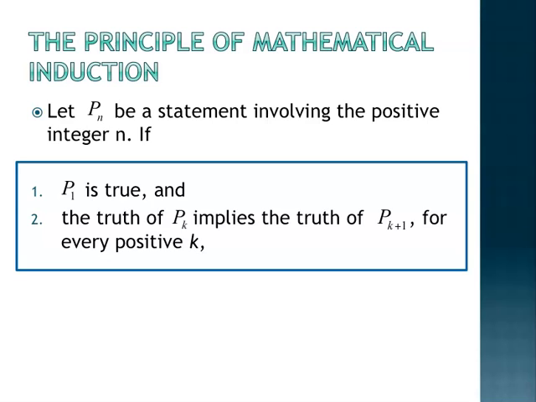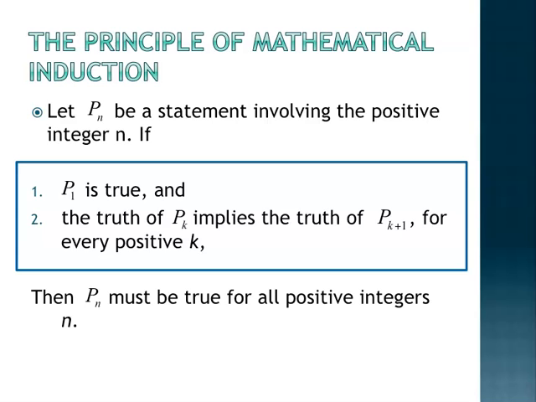We're going to say no matter what k is, we can show that P sub k plus 1, the one right after it, is also going to hold true. So if you can show that the first statement is true, and you can show that no matter where you are in the sequence, the following statement in the sequence will also hold true for any positive value of k, then you will have shown that P sub n must be true for all positive integers n.